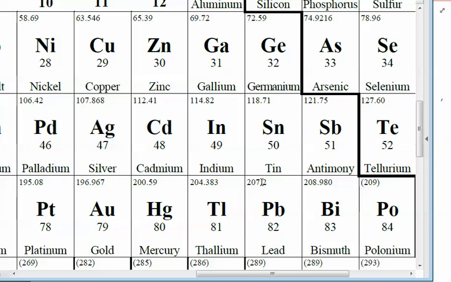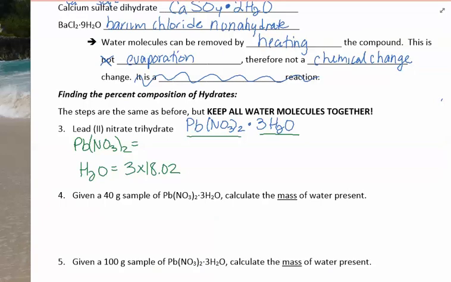So for lead, when we calculate the molar mass, we have to be a little more careful. Because of this, only having a tenth, our molar mass is only going to be able to be calculated to the tenths place. So we're going to get a total molar mass here of 331.22 grams per mole.